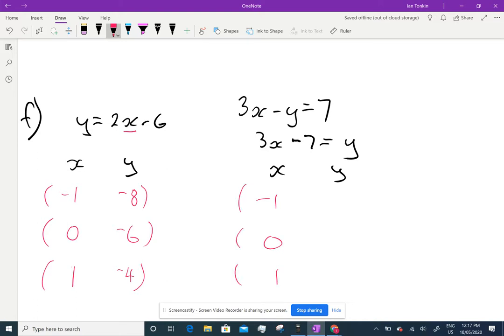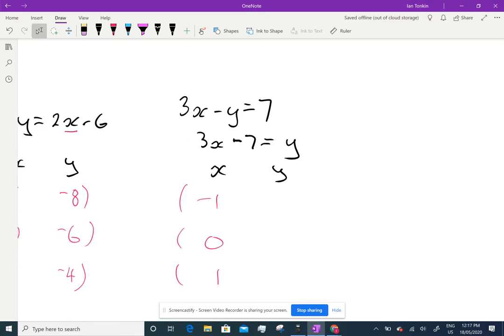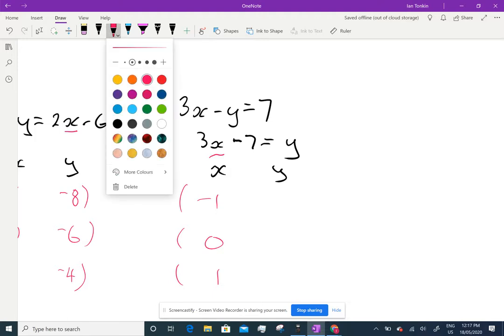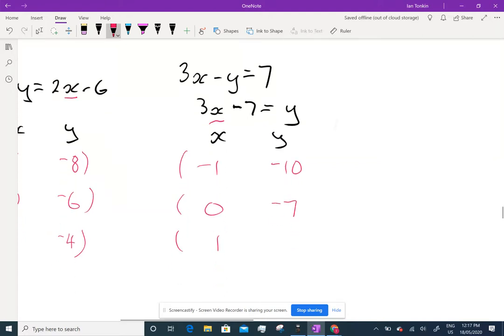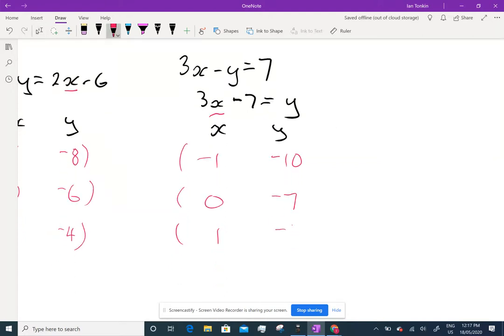And sometimes you'll jag the answer in your actual little table of values. So if I put negative 1 in here, I get 3 times negative 1, negative 3, minus 7 is negative 10. 3 times 0, minus 7, negative 7. And 3 times 1 is 3, minus 7 is negative 4. And there are my 3 coordinates.